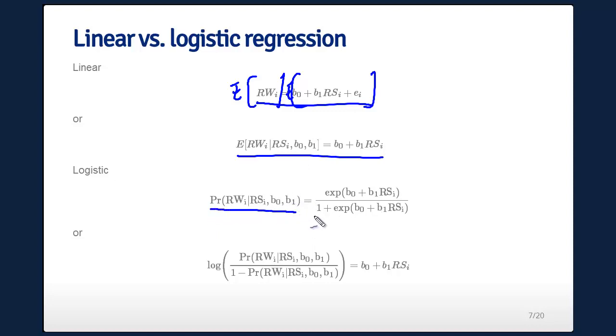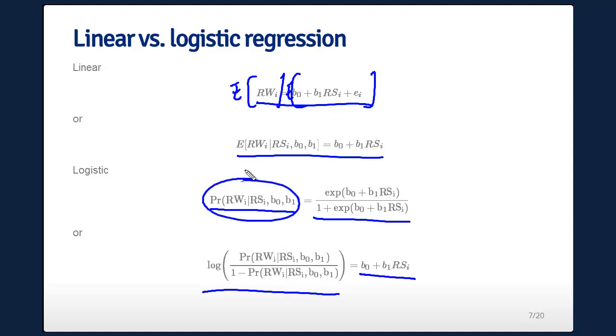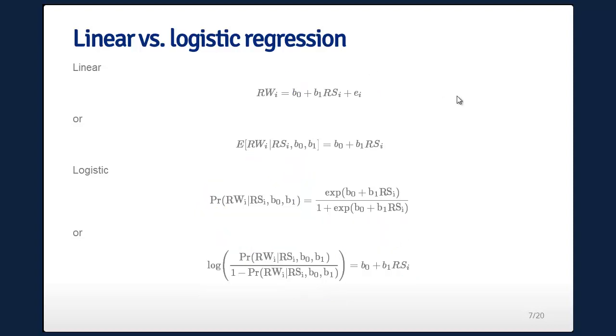The probability has to look like that, or this same equation rewritten is that we've modeled the log odds of the probability of winning given the score and the coefficients as being this linear predictor. And that's exactly what we did on the previous slide. So this probability right here we defined as mu i, and so this is the log of mu i over 1 minus mu i is equal to eta i, right there, from the previous lecture.